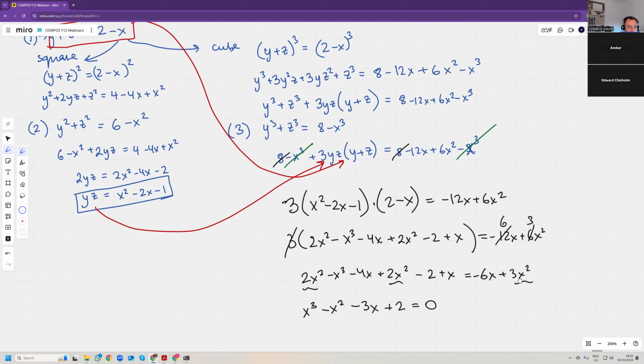Y cubed plus z cubed is 8 minus x cubed. Making a mistake somewhere. Apologies.